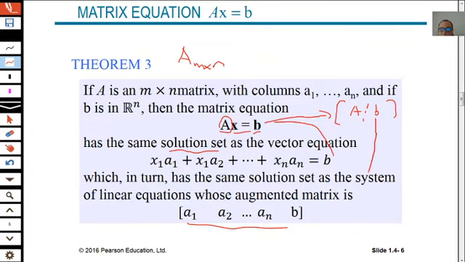And after solving this by finding the echelon form of this matrix, we find the vector x, or the variables x1, x2, ..., xn. They state the same thing.